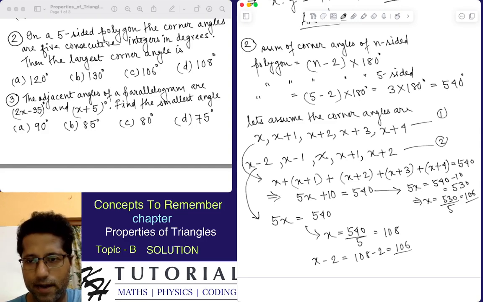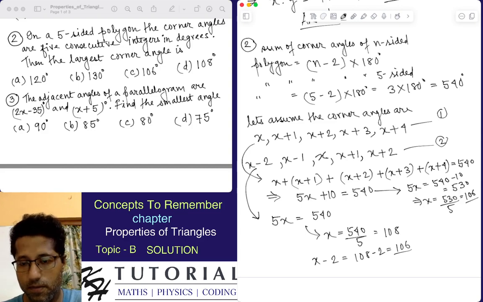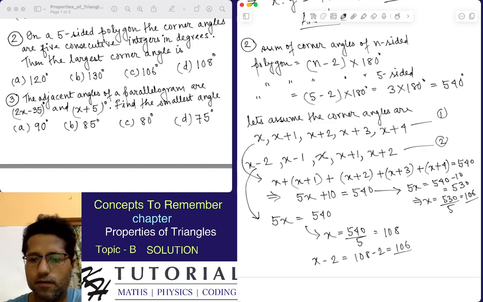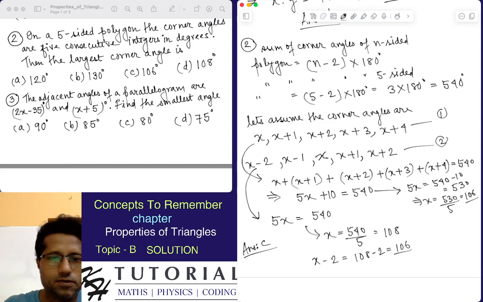If we add all these angles, it will be equal to 540 degree, because in a five-sided polygon, the sum of the corner angles is equal to 5 minus 2 into 180, which is 3 into 180, which is 540. Okay, so the answer is 106, and the choice is C.